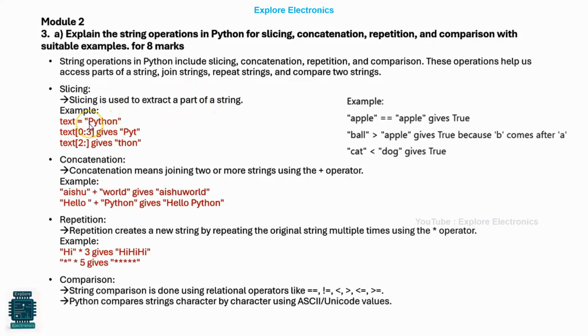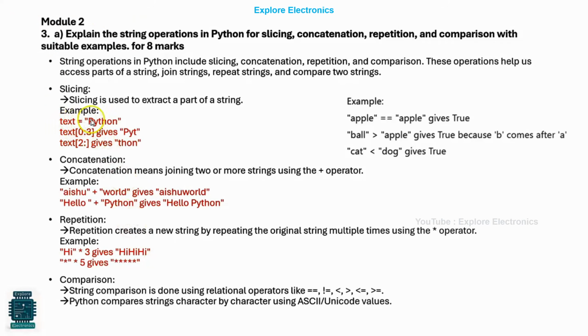If I want to access the second part of the string, I have to use slicing. If I want to access the first half of the string, I can also use slicing. If I want to access the full string, then also I can use slicing. Let us see how exactly with the example.